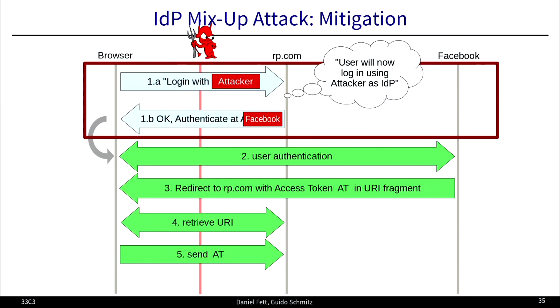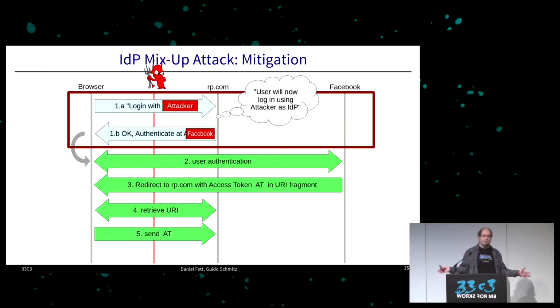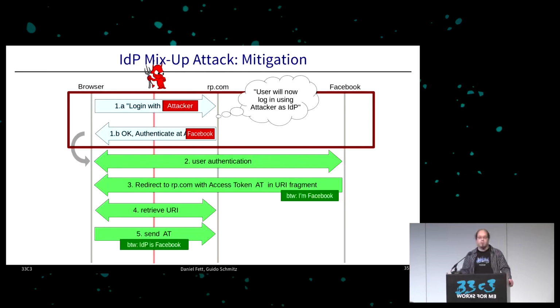The mitigation we propose is quite simple. The one problem is here in step 3: this access token is just some opaque string. The relying party cannot see who issued that access token, so it needs some further information carried along with this access token, and that is who the identity provider is which issued it.